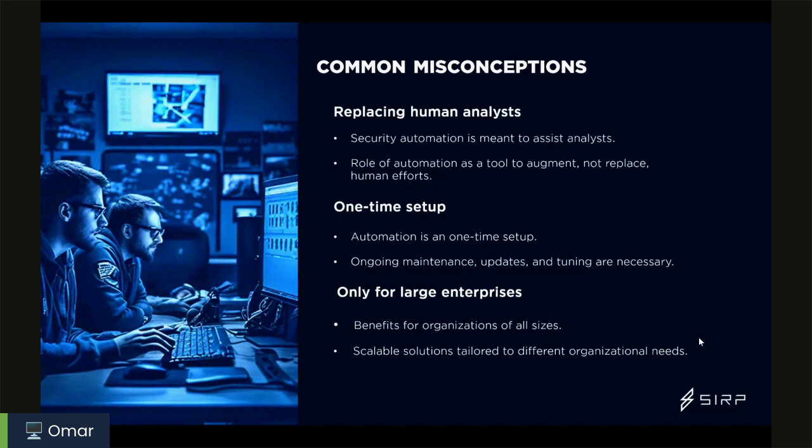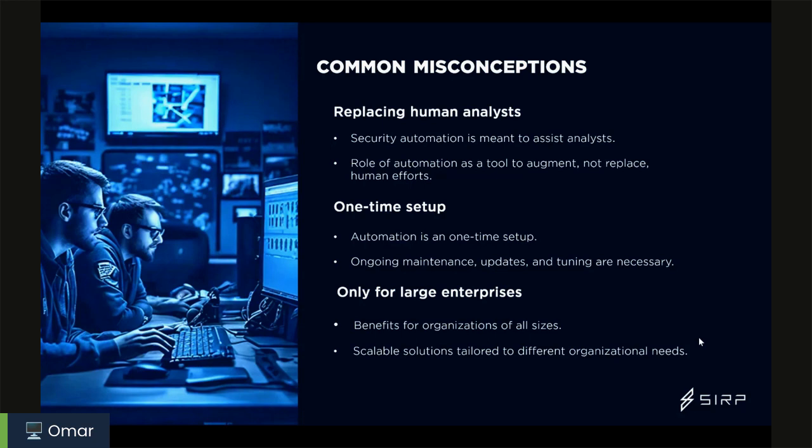It handles repetitive tasks, letting analysts focus on complex and strategic activities. And this human and machine collaboration is something that enhances SOC efficiency and effectiveness. So it's not about replacing the human analyst, it's about augmenting them, helping them do more in less amount of time.